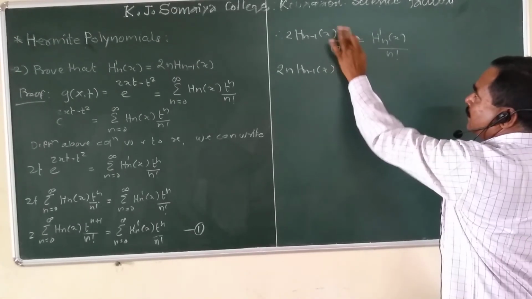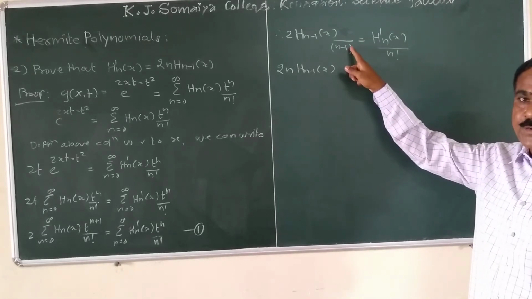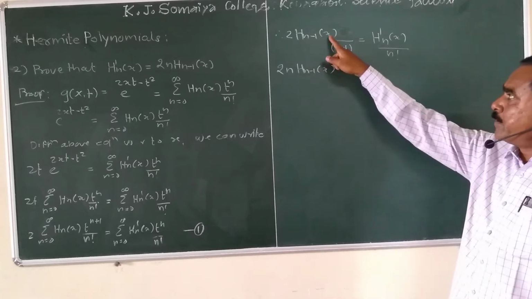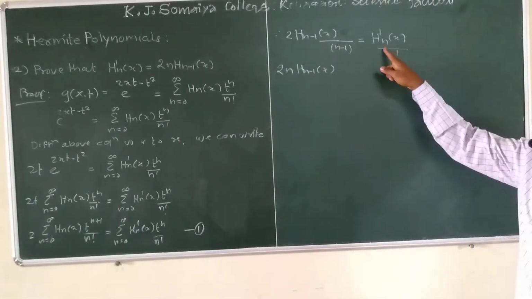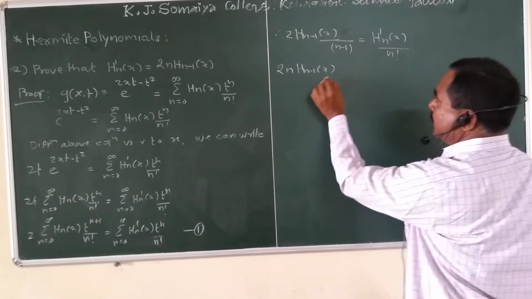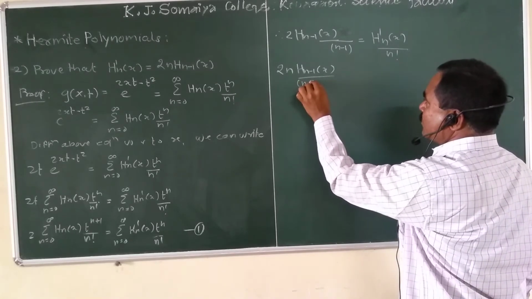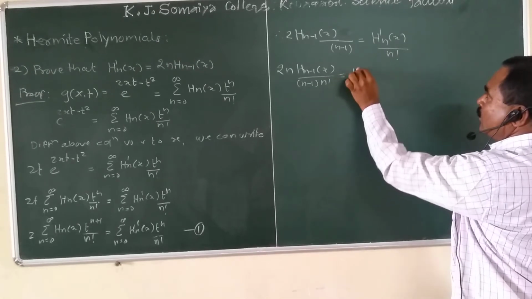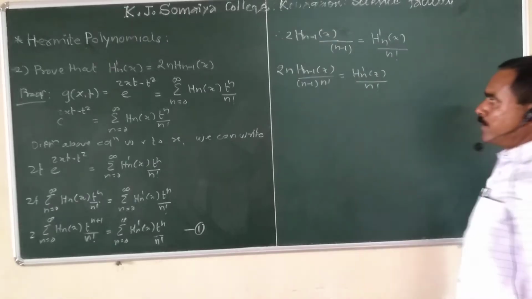Here t raised to n is not written because we are comparing the coefficient of t raised to n on both sides. Write only this: twice Hn minus 1 of x upon n minus 1 factorial equal to Hn dash x upon n factorial. That is, 2 Hn minus 1 of x into n, over n factorial, equal to Hn dash x upon n factorial.